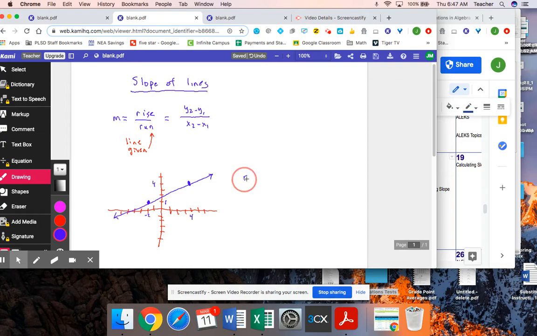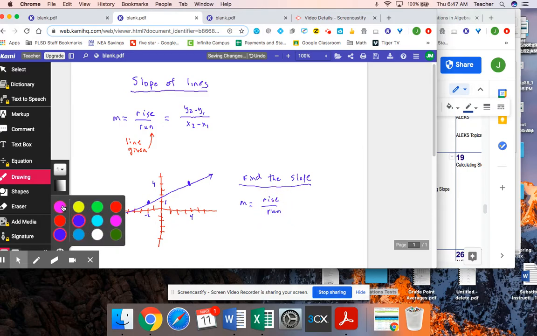I could ask you to find the slope, okay? What I would do is consider the idea of rise over run. So if I start at one point, I'm going to rise up how many to get to this other point? First, I would go up 1, 2, 3. I would rise 3, so it's a positive 3.